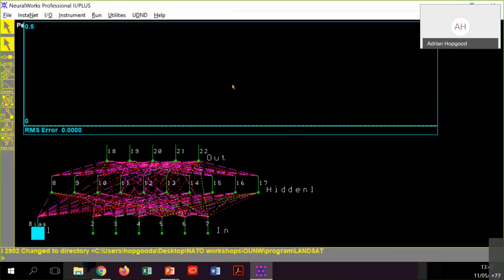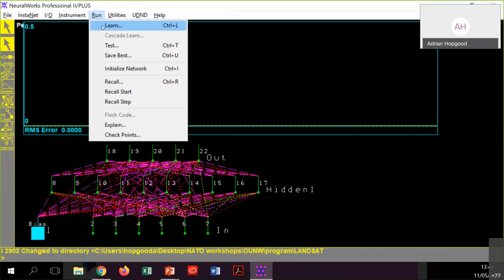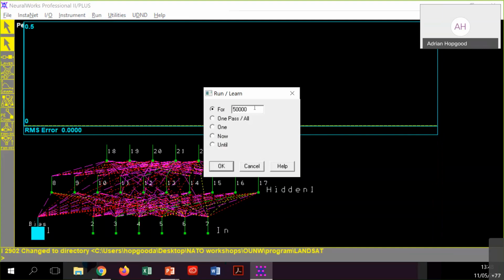So what I'm going to do first is train the neural network. Remember, I'm only showing it the top 1/16 of each of those images. Let's set it running now, and what you'll see in the graph box is the error reducing as it becomes better and better at classifying those example data.